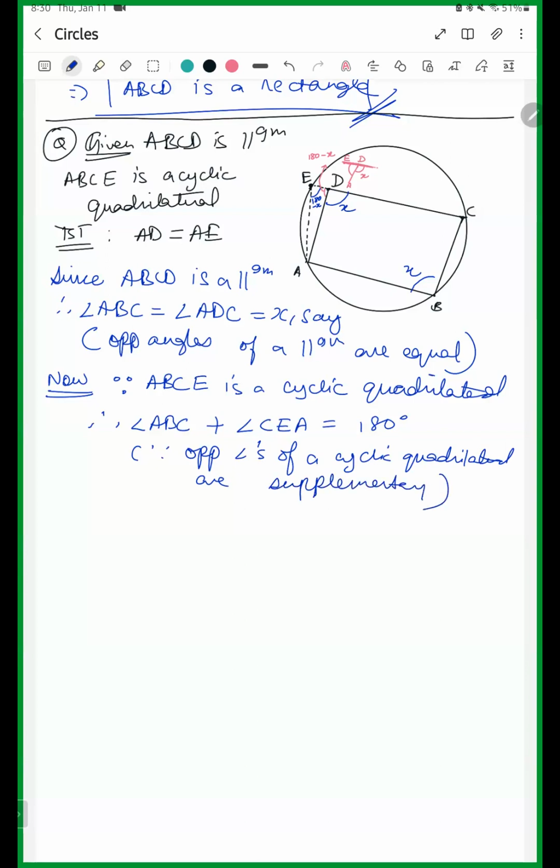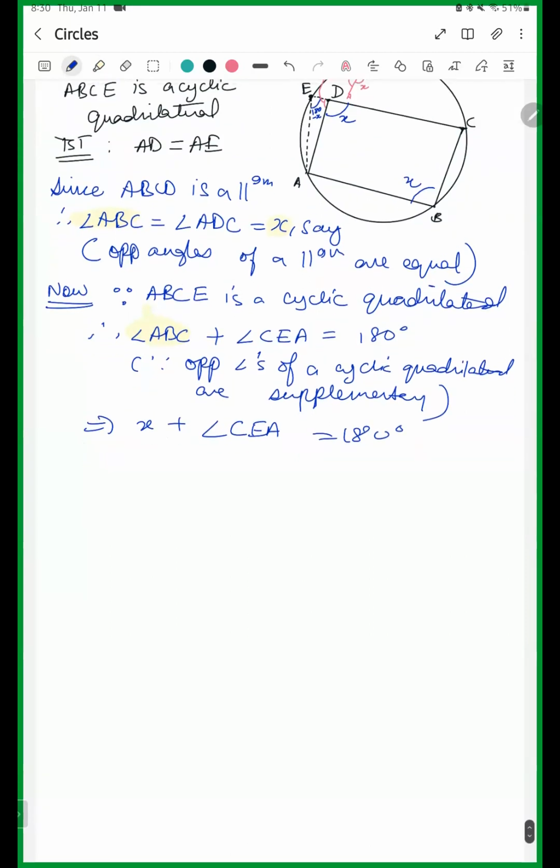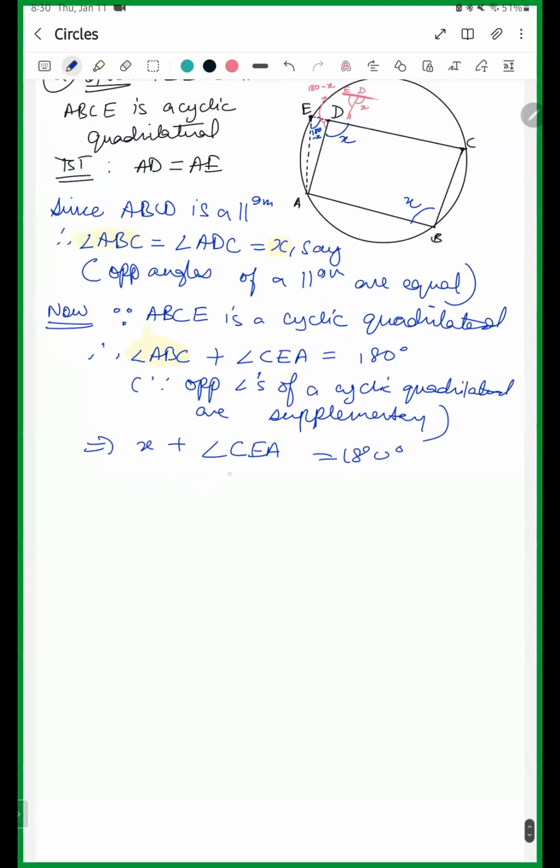Now ABC we had written as equal to X, right? So that means X plus angle CEA is equal to 180 degrees. You can write it simply as angle E also. So angle CEA is 180 minus X. Now remember this. We'll mark it as equation number 1.